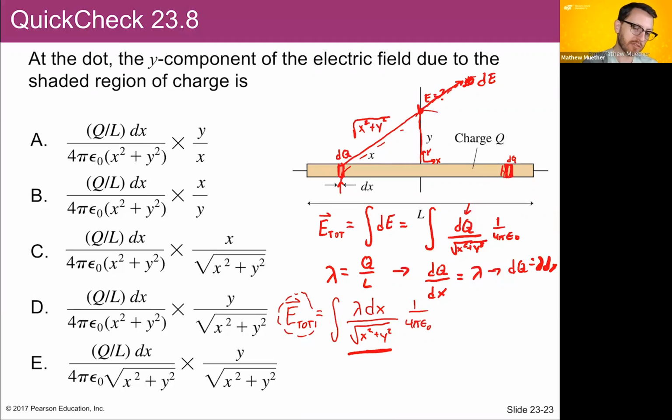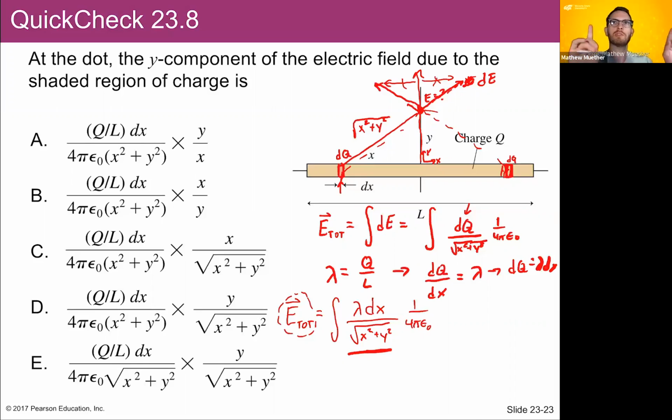And why is that interesting? Because this guy is going to be contributing an electric field that points in this direction. And notice then that the x components of the electric field are going to cancel each other out, but the y components are going to add together.